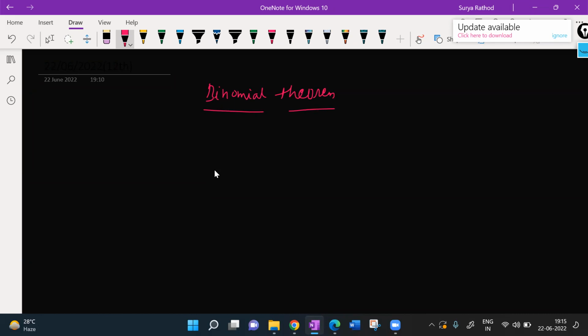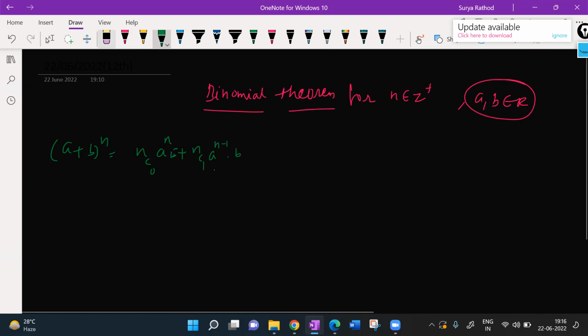Binomial theorem. For n belonging to positive integers and a, b from the real number family, we know the formula for (a plus b) to the power of n. We write this as nC0 a to the power of n plus nC1 a to the power of n minus 1 into b. Here b to the power of 0 gives 1, so I won't write that.